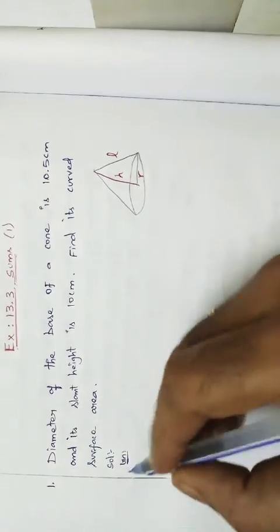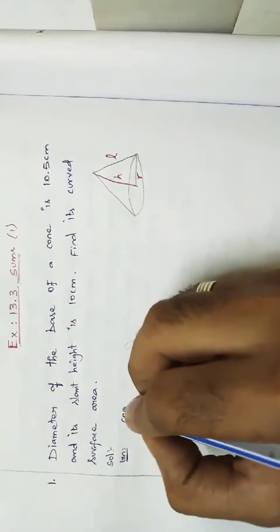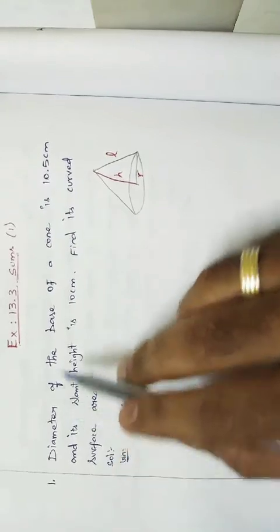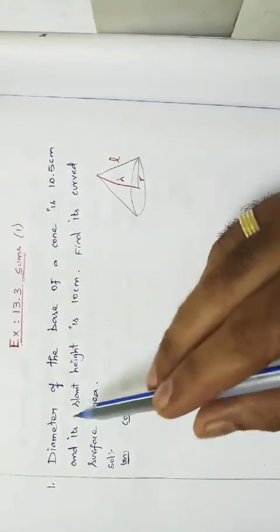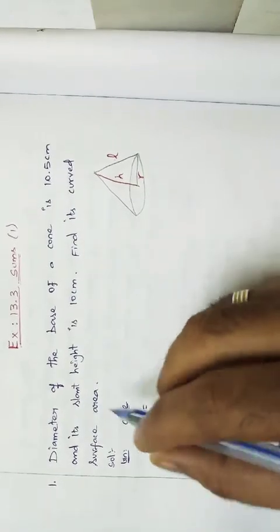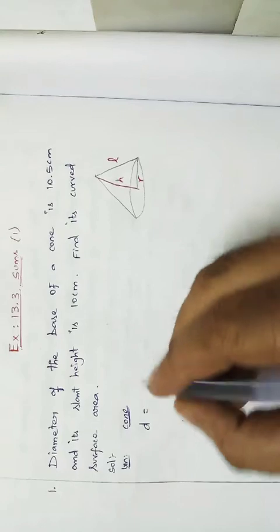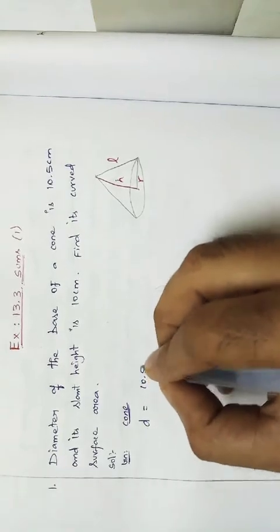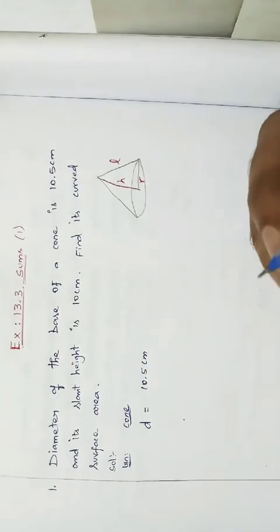So here they have given the diameter of the base of a cone. So diameter D is equal to 10.5 centimeter, right?